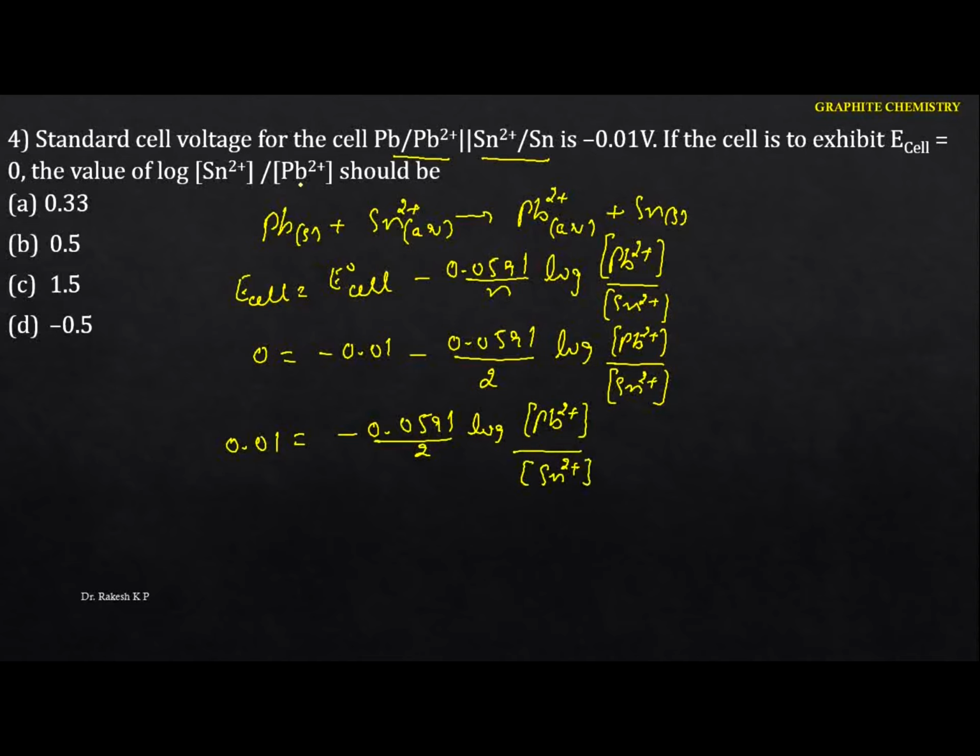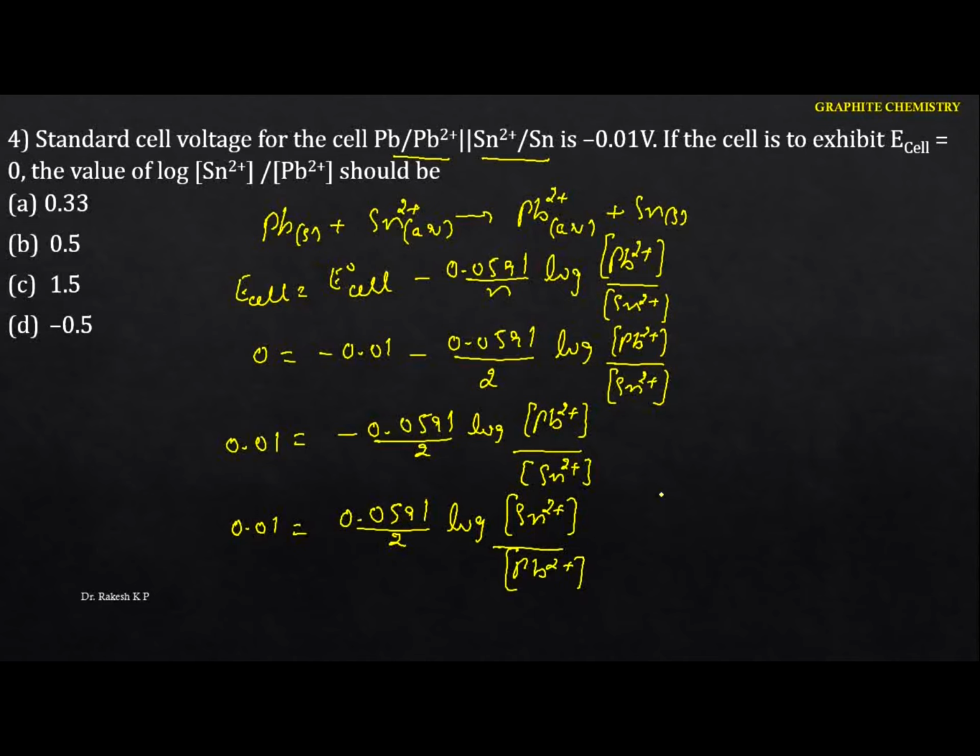But here the question asks for the value of the log concentration of Sn2+. That means it is in the denominator, so we change the sign. Identify this 0.01; changing the sign, it becomes 0.0591 divided by 2 into log of the concentration of tin to the lead. So what you have to calculate is only this one.